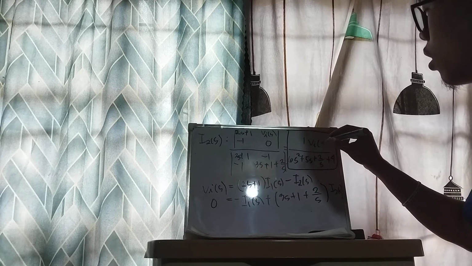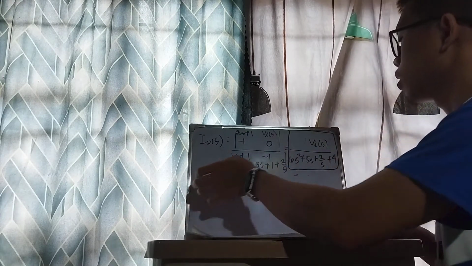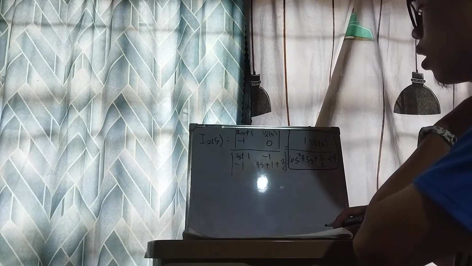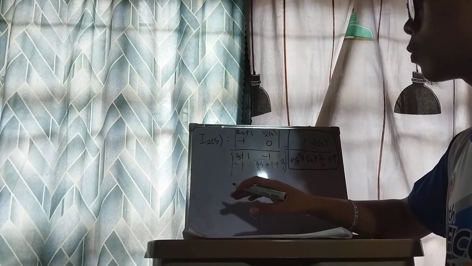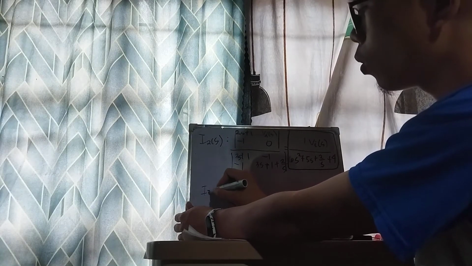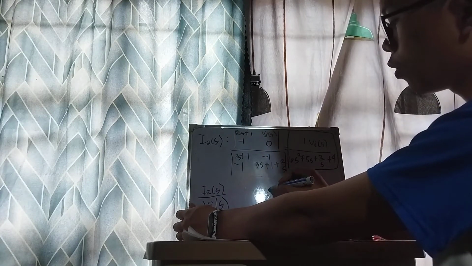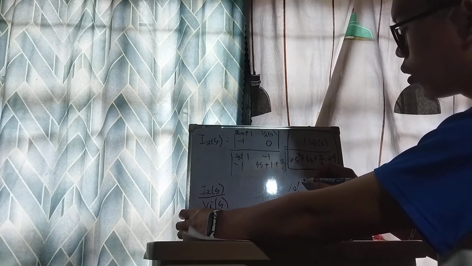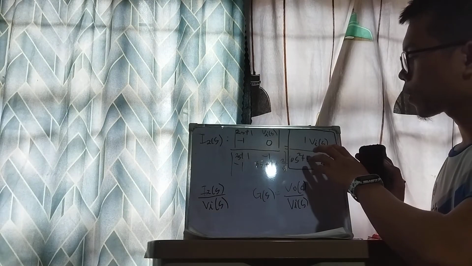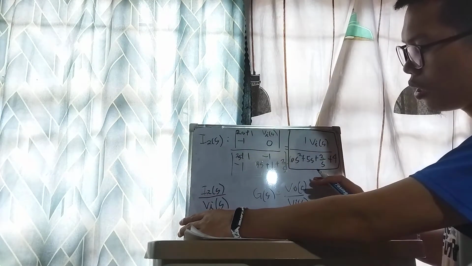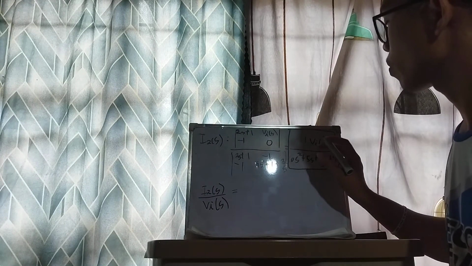Take note that we assigned here VI of S. We want to manipulate it so that VI of S is expressed in the denominator, in terms of I2 of S over VI of S, because as we know, our formula is going to be G of S equal to VO of S over VI of S. So we should manipulate it according to how G of S is expressed.